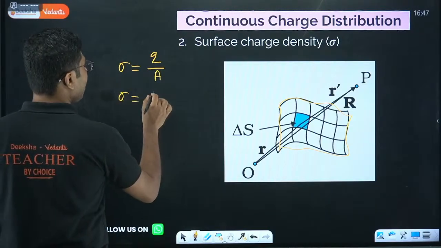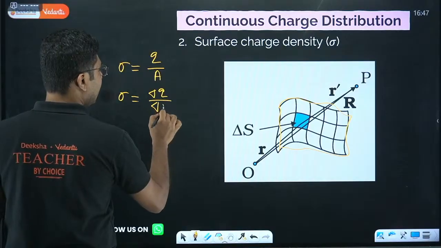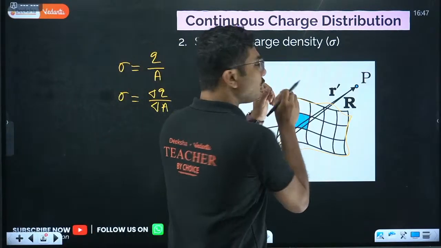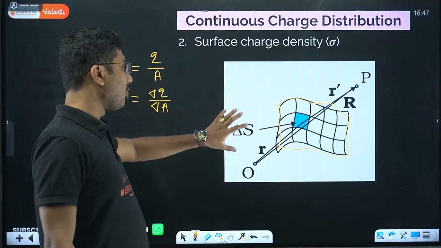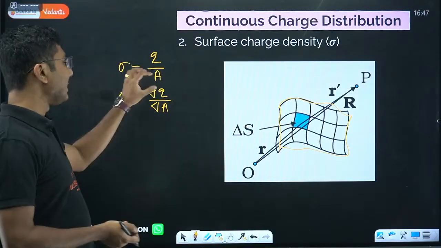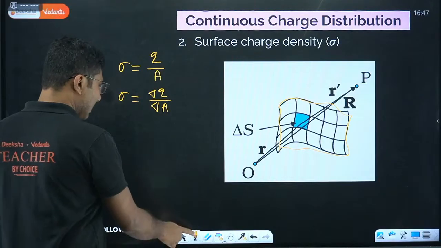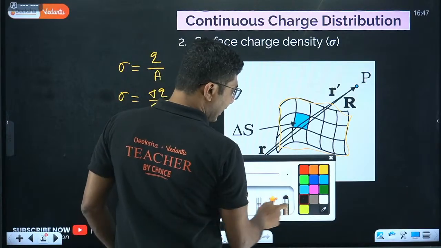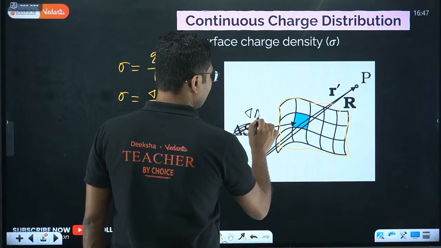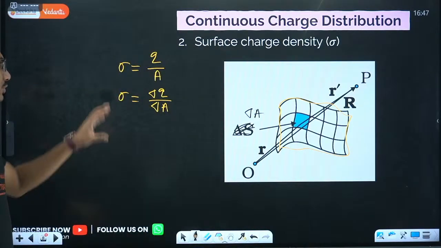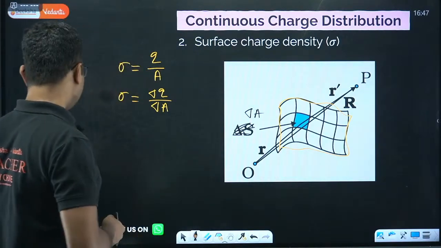In terms of small area and small charge, it is delta Q by delta A. You take a small area, measure how much charge is there, call that charge delta Q, and call that surface area delta S. Actually they have used S in your textbook, I am using A, so don't get confused. Delta Q by delta A gives you the surface charge density.